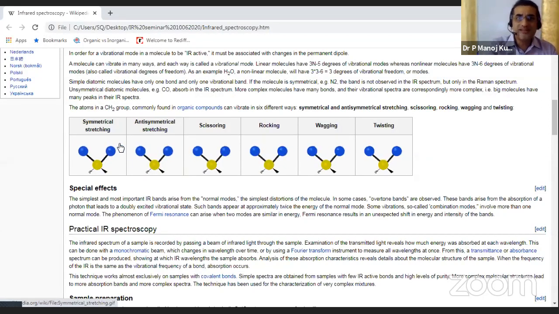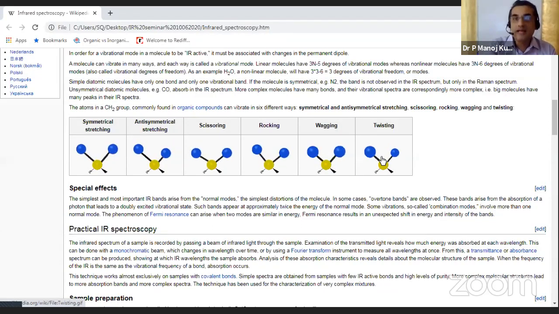These terms sometimes create confusion in us, so we should know exactly what each term means. Though this is in phase, this is out of phase, and all these are bending vibrations. Again, you can classify them into in-plane bending, because all the atoms are in one plane, and out of plane because the atoms are in different planes.